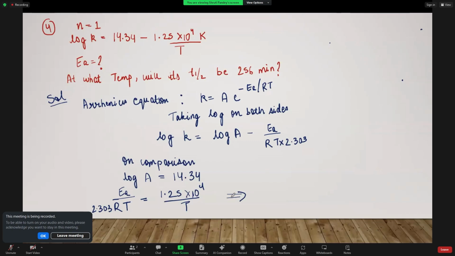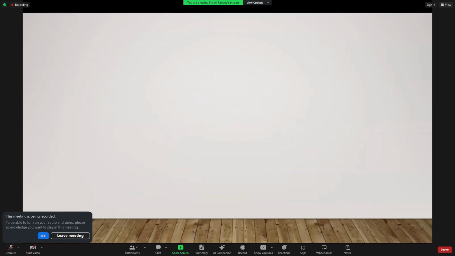I mean we'll go to the next page. So this will be activation energy from this last expression. This will simply be जो 1.25 का factor है into 10 to the power 4 into 2.303 into R, and R will be according to our SI unit convention.